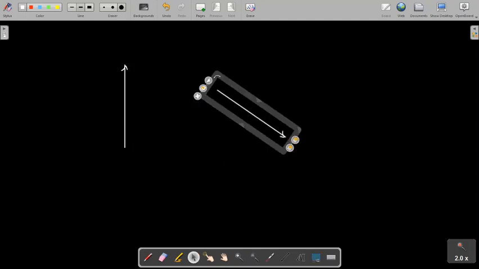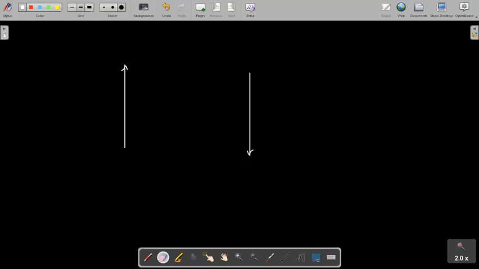If I inverted this vector, now how would you represent it? Since that vector was vector B along the positive direction, this vector is pointing completely opposite to it, and the angle between them is 180 degrees.